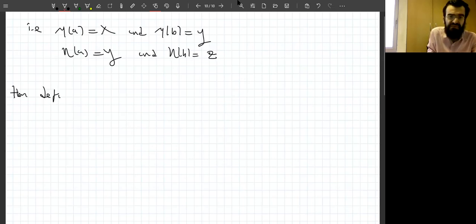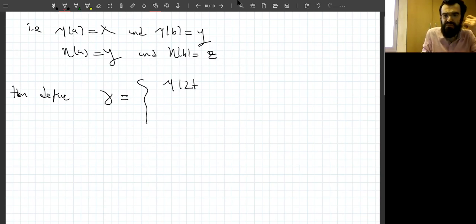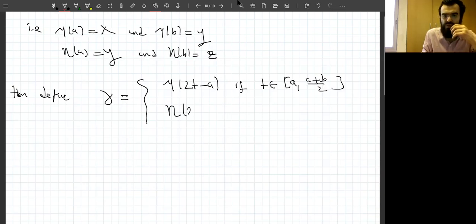Then define, I use this symbol rho, rho t equals gamma 2t minus a if t is here, in a to a plus b over 2, and nu 2t minus b if t is in here.